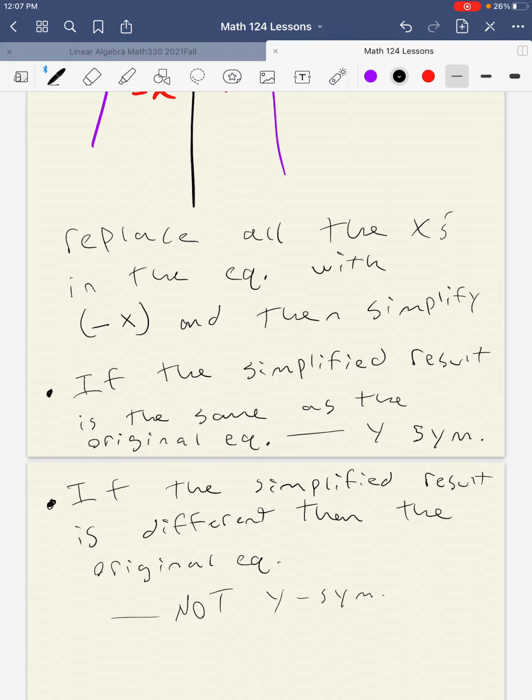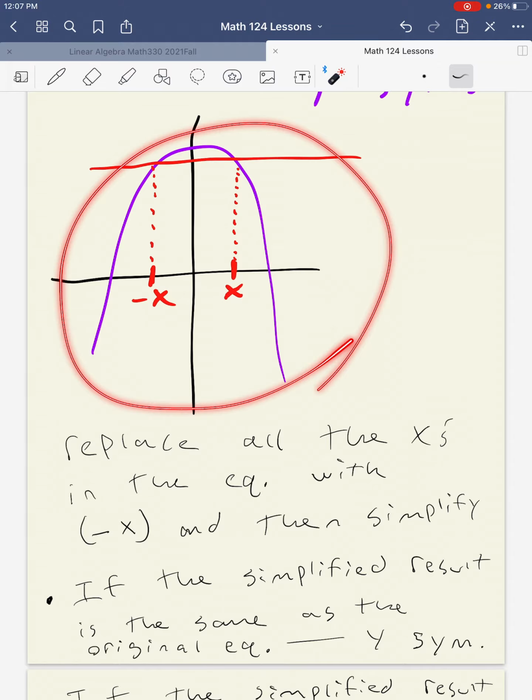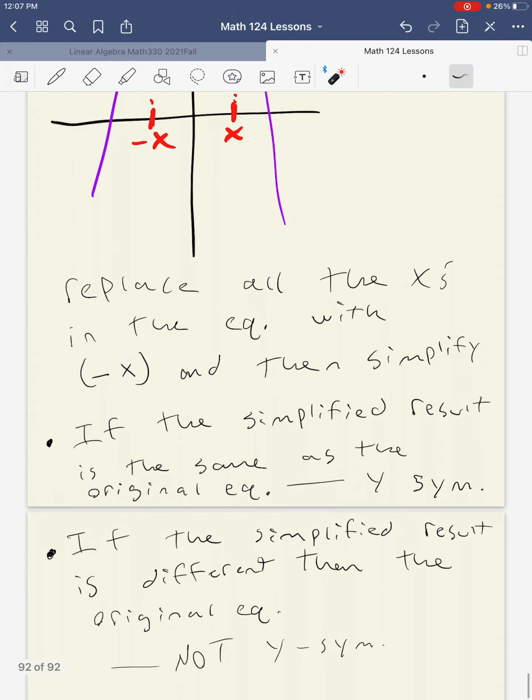It is not y-symmetric. It may possibly be x or origin symmetric, but this test will just tell us whether or not it is symmetric about the y-axis. And looking at this graph, you can see why that is true. Replace the x with minus x, and we should have the same outputs if it is in fact y-symmetric.